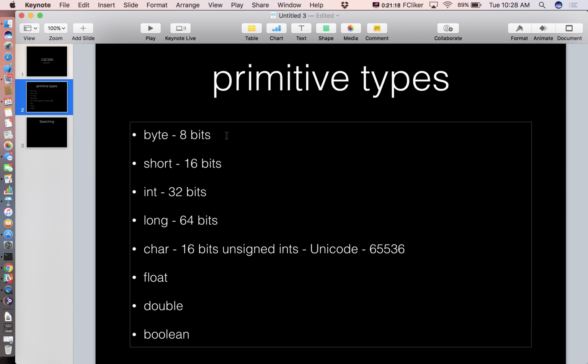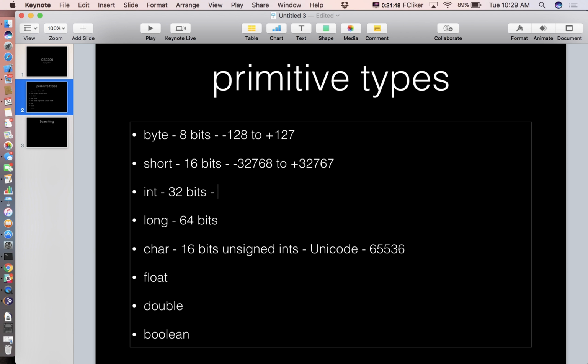Our 8-bit bytes can hold negative 128 to positive 127. Shorts can hold negative 32,768 to positive 32,767. If you take the absolute value of those and add them together, you'll get 65,535.